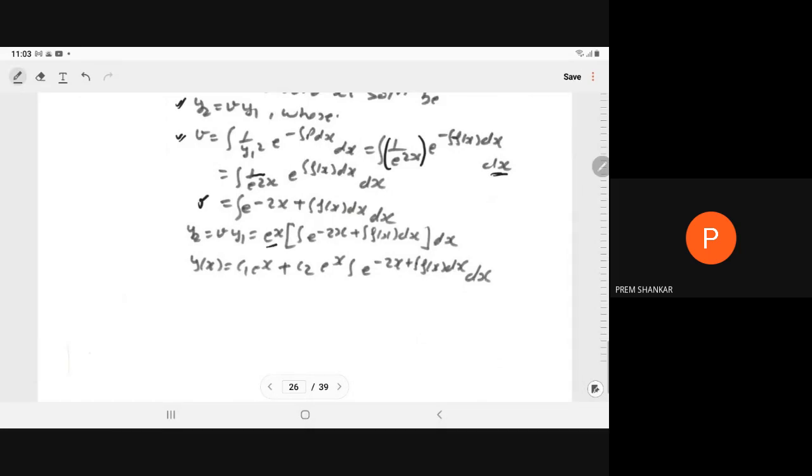So y1 is e to power x, and into v. So the general solution will become y(x) is equal to c1 y1 plus c2 y2. That is c1 e to power x plus c2 e to power x integral e to power minus 2x plus integral fx dx into dx. So that is your final solution, where c1 and c2 are the arbitrary constants.